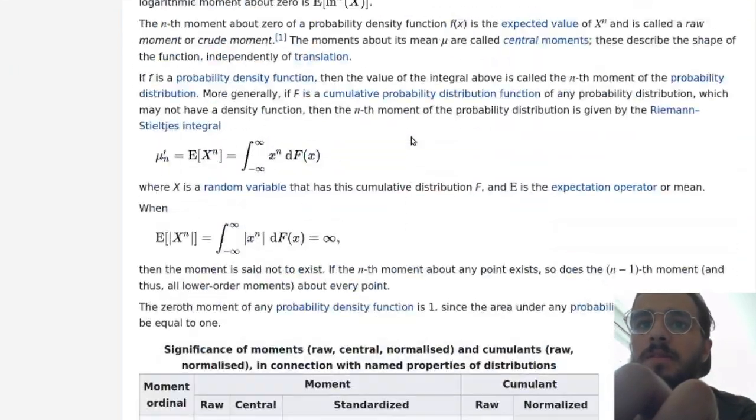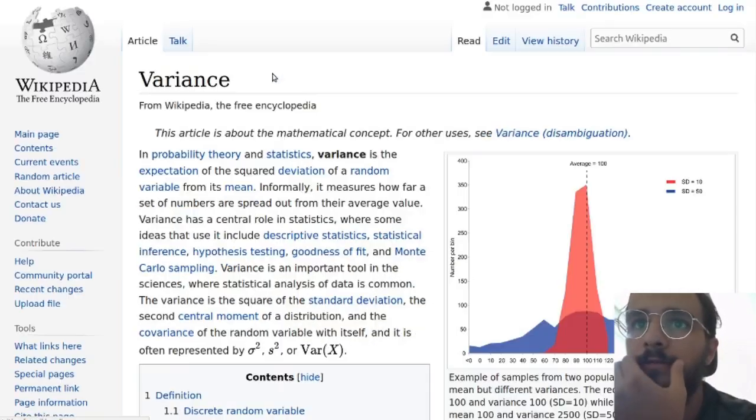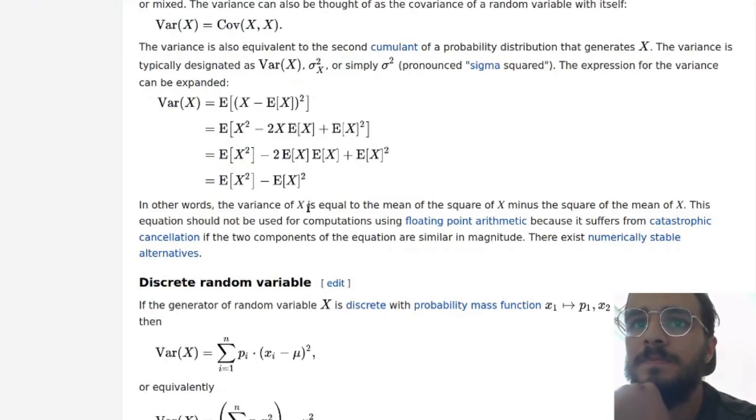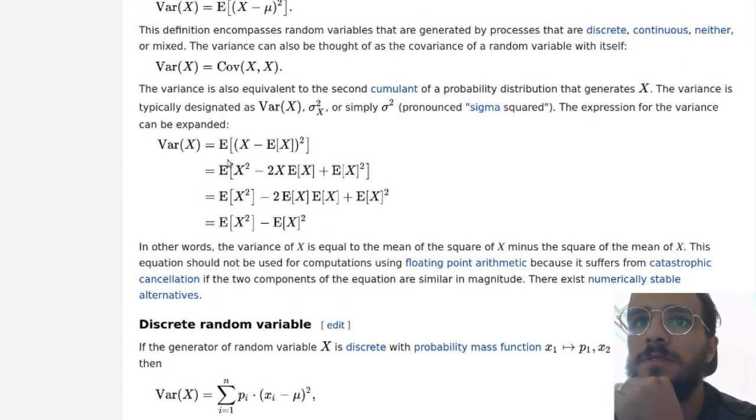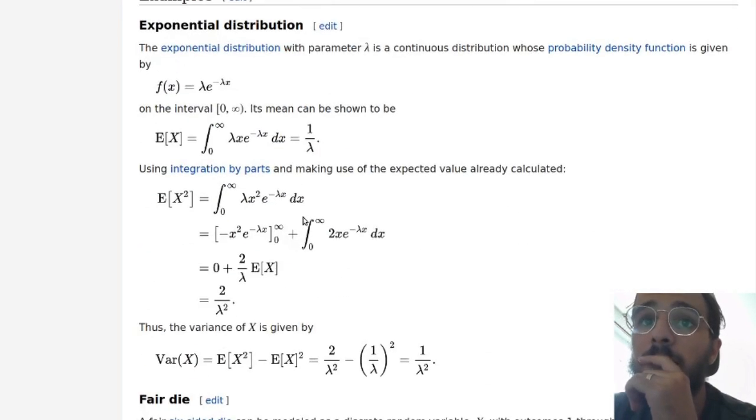I think this is it. If you look, it's the variance. How is the variance defined? Yeah, the variance is defined as the expectation of x minus that, to the power of 2. So that might be the variance.